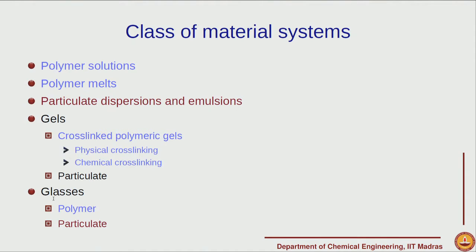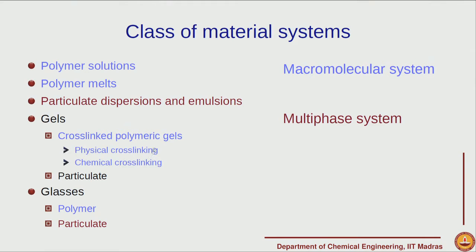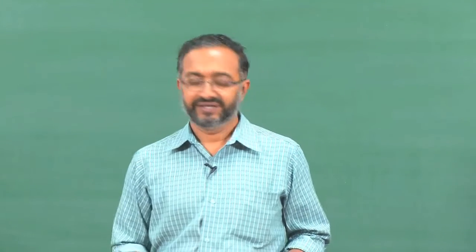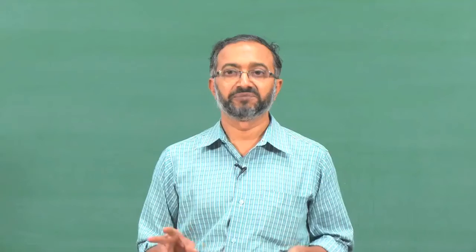What you can notice is that there are macromolecular systems, which are one class, and multiphase systems, and the overall things can be classified in these two broad categories. In one case you have very large molecules, polymers or macromolecules. In the other case we have two phases minimum.